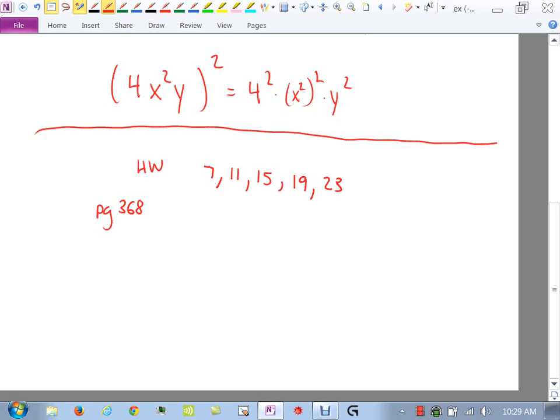So here's some of the more advanced ones. 27 has fractions in it. 31, 39, 47, 55, 59. This seems like a lot, doesn't it? I'll give you one trinomial, 63.